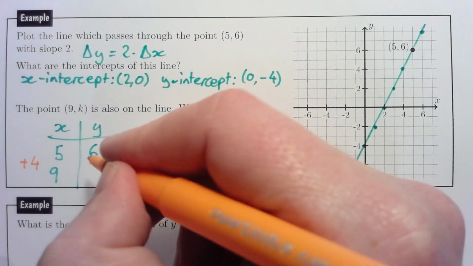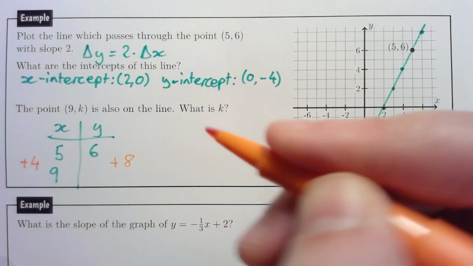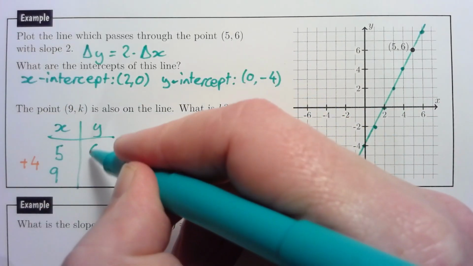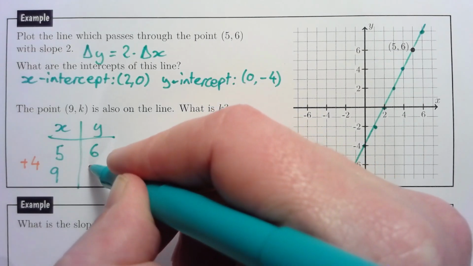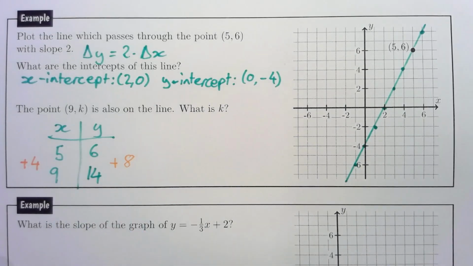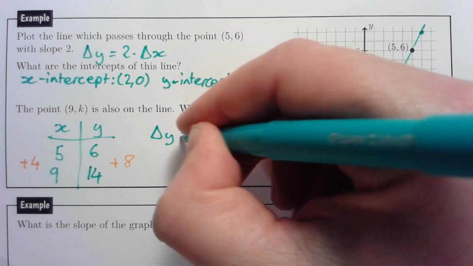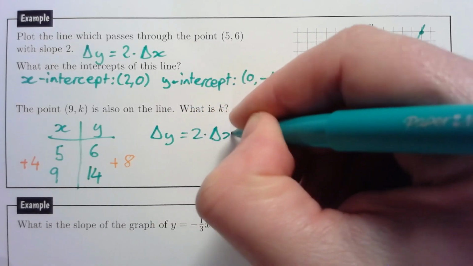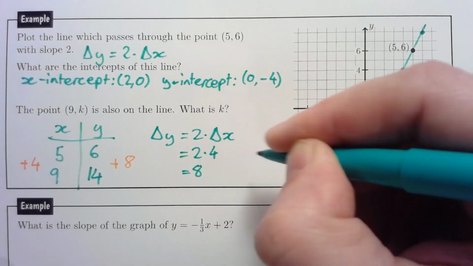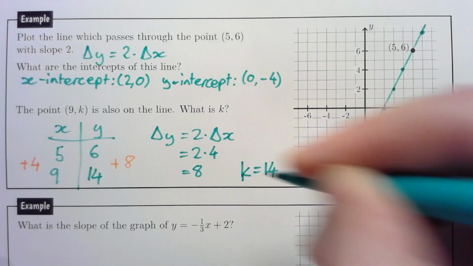Well, the only way that works is if this change in y is 8. And if we did that, that means we would have the coordinate 14. So this line passes through the point 9, 14 because our change in y is 2 times the change in x, which is 2 times 4, which is 8, which means that k must equal 14.